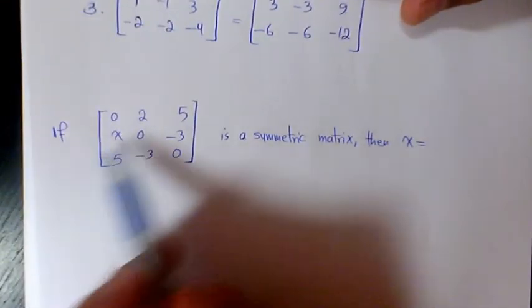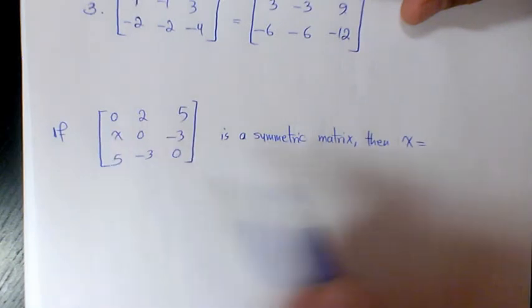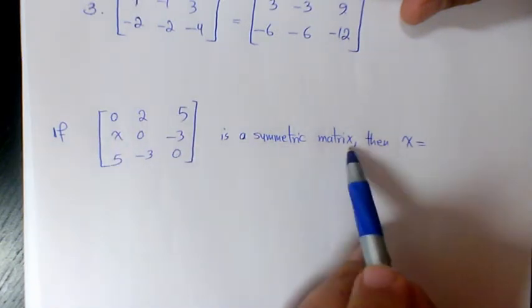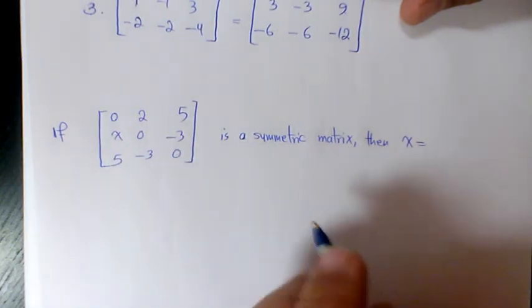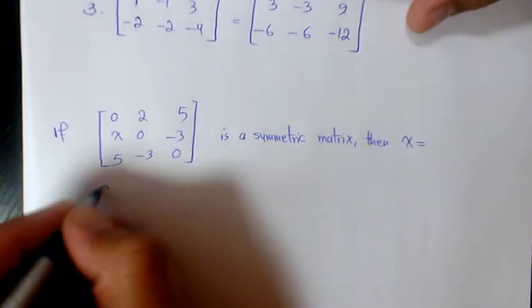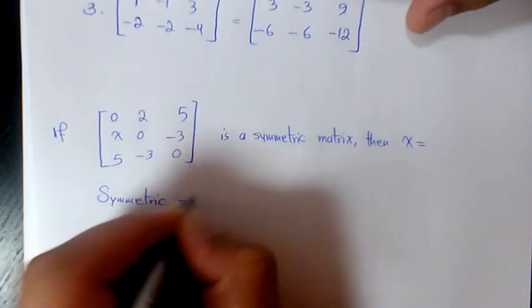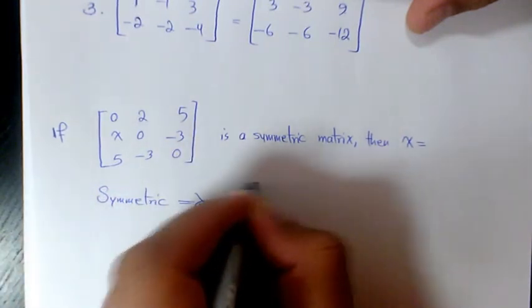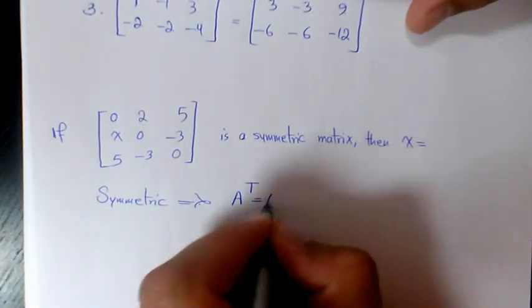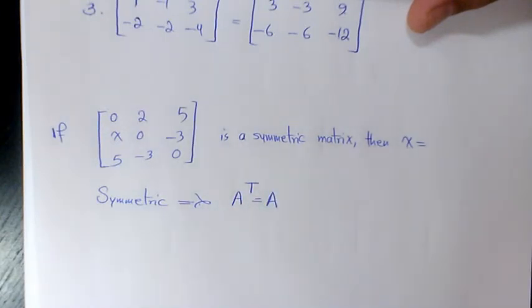Next one, if this matrix, which is 3 by 3, is a symmetric matrix, then find the value of x. What does that mean when we are talking about symmetric? A symmetric matrix is when the transpose of a matrix equals the original matrix.